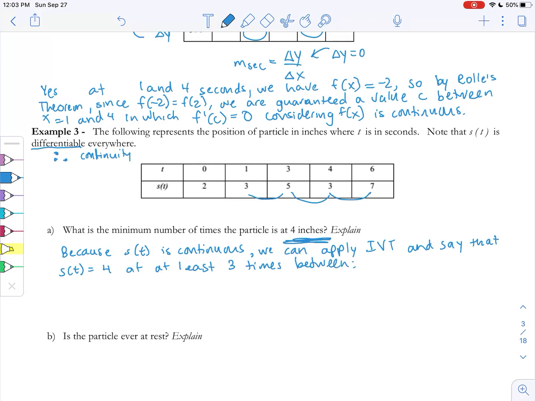between, and then I'll list out the times between. So let's say between time 1 and 3 seconds, between time 3 and 4 seconds, and then again between 4 and 6.